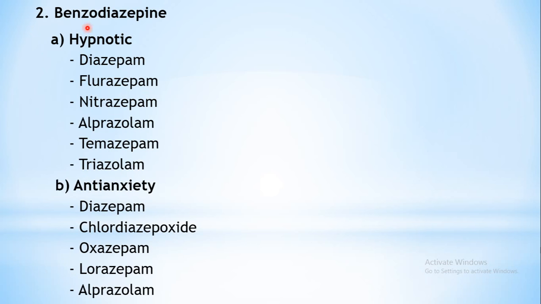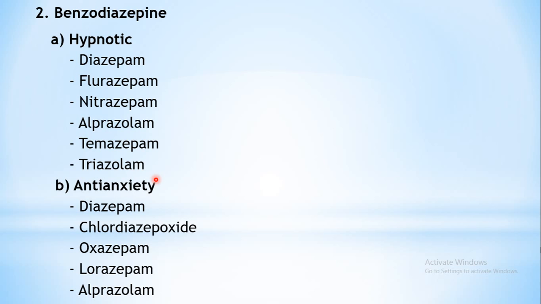Then the second class includes benzodiazepines. Here there is again a sub-classification, but it is not based on the duration of action, but on the use of that particular drug. That is hypnotic or anti-anxiety, or a third sub-classification, anticonvulsant.